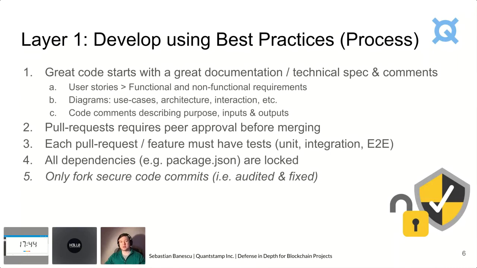Now, the problem there is that sometimes the fork is not made on a commit hash which has been audited before. So the project which they forked from was indeed audited at some point, but the commit that was forked was not audited. And sometimes it's very different from the commit which was audited.